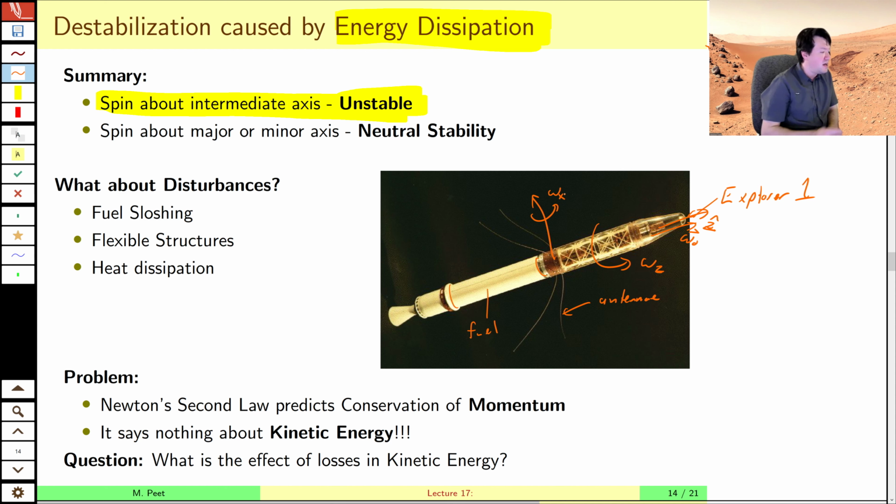So again, what's going on? What's going on is that there's internal dynamics. There's internal motion of these antennae, for example. There's internal motion of fuel. It has little waves, it splashes against the sides of the tank, the leftover fuel.